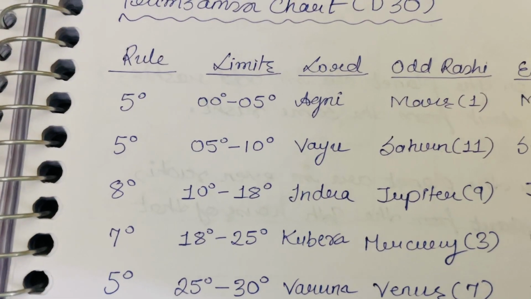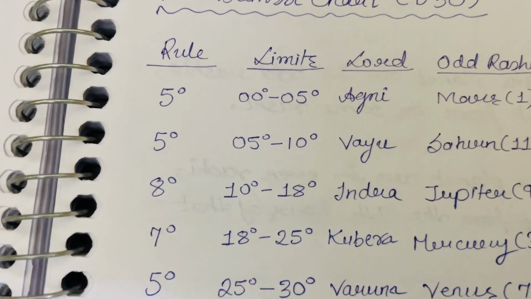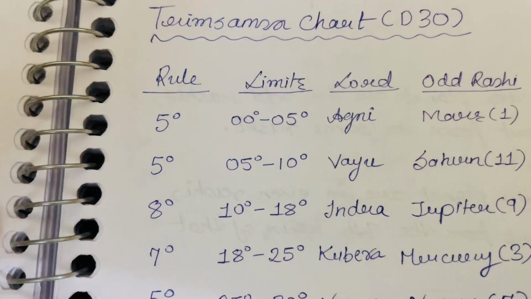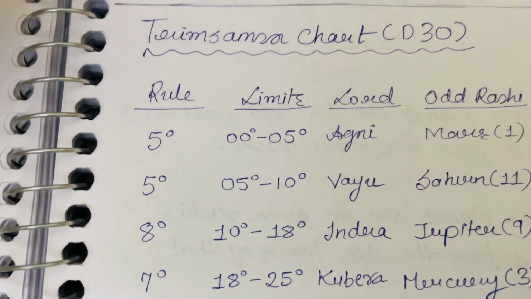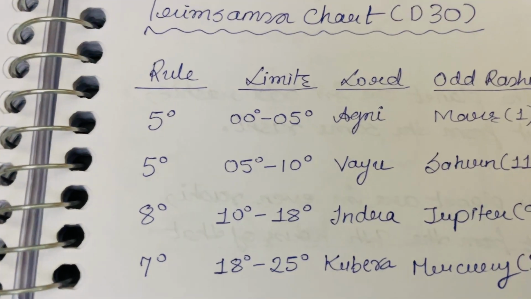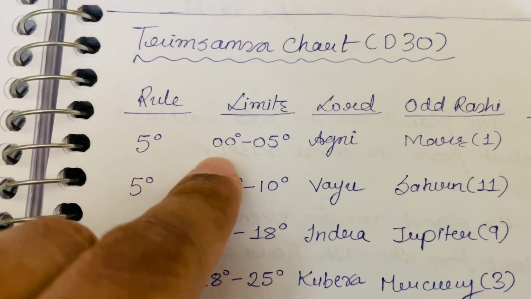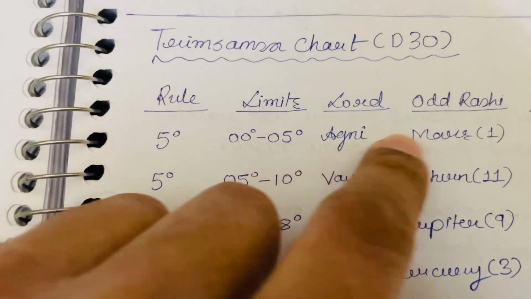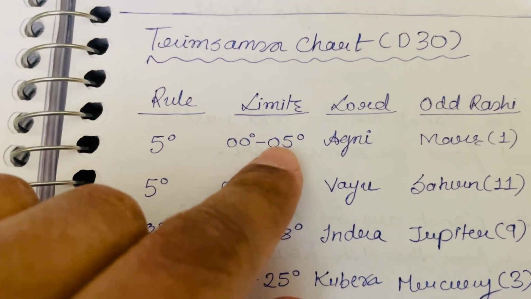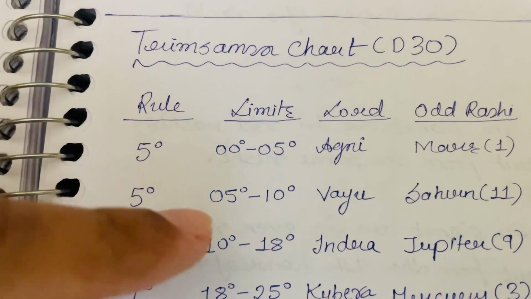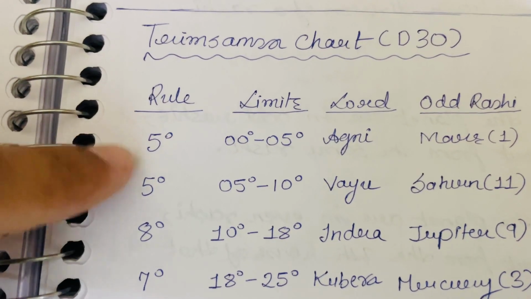This is a concept which you must be absolutely aware of: the end limit of a particular range becomes the starting limit of the next range. It means if the first Trimsamsa of the odd Rashi ends at 5 degrees, the second Trimsamsa of the odd Rashi will start at 5 degrees, and the range will depend on the rule.